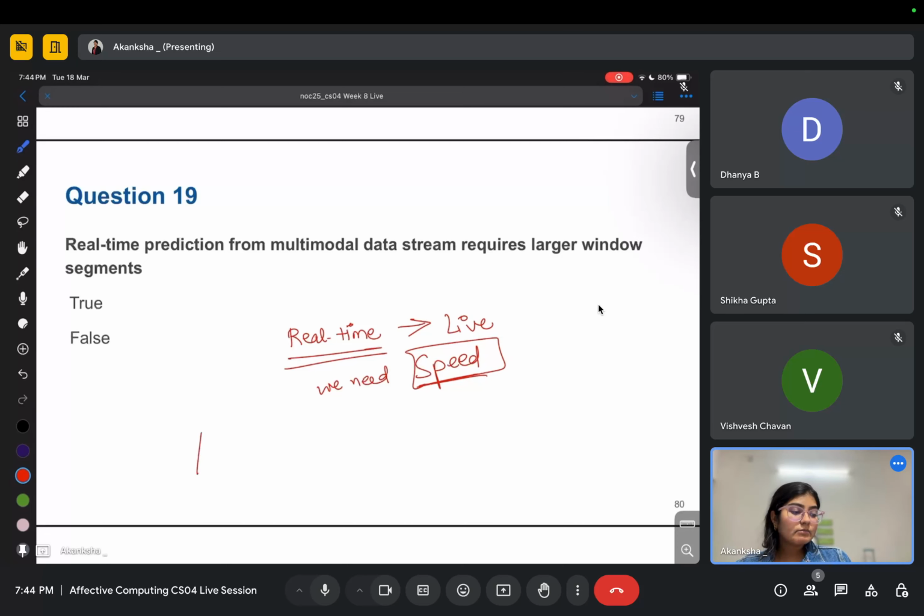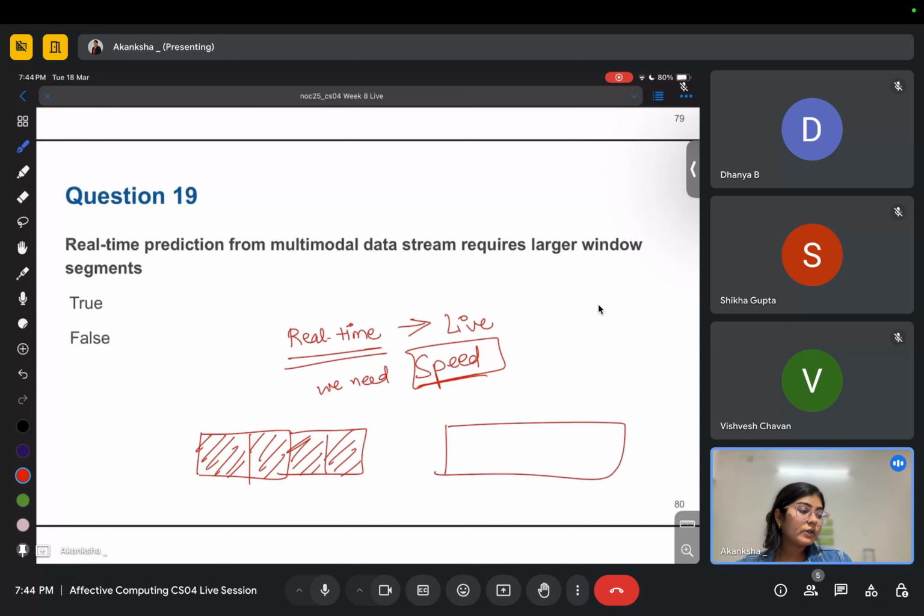Let's say there is a video going on, or streaming is happening, and you want to obtain the emotional information. A person is on a video call, and the system is determining what emotion is being expressed. Let's say these are the windows, or this is the full video scenario. Are you going to take short windows or larger windows?